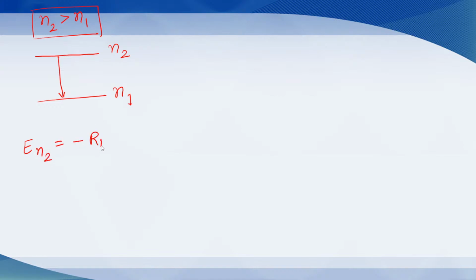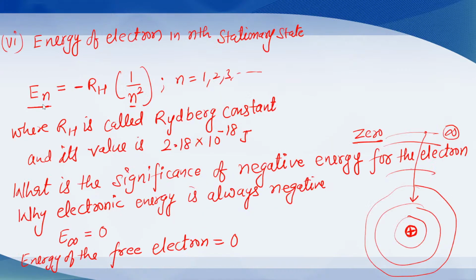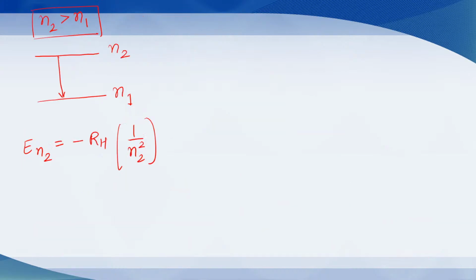It is minus RH into 1 upon n2 square. See this expression, En equal to minus RH 1 upon n square. So in place of n it is n2. So En2 equals minus RH 1 upon n2 square, and En1 equals minus RH 1 upon n1 square.